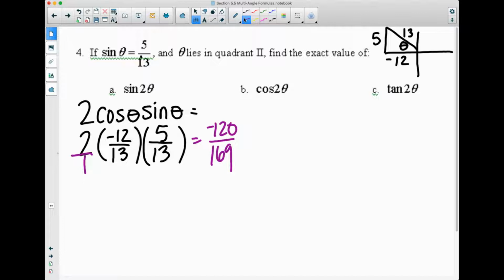So like I said, on cosine 2 theta, I'm going to use the trig function they gave me. I know they haven't made a mistake on their sign, so I'm going to keep it that way. So 1 minus 2 sine squared theta.